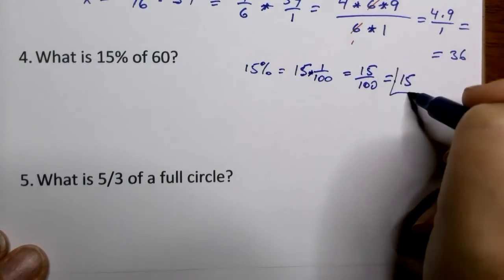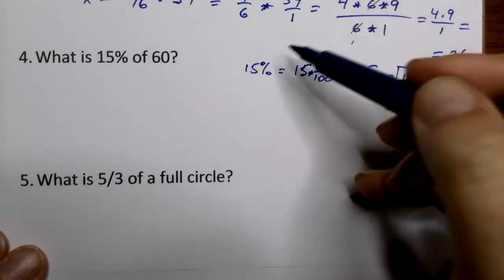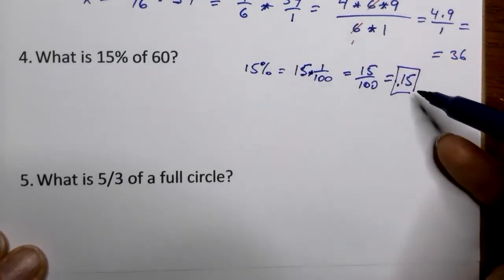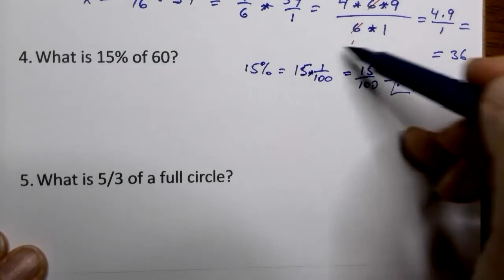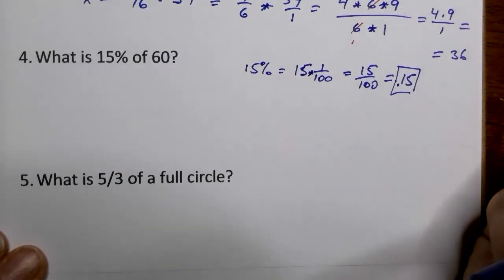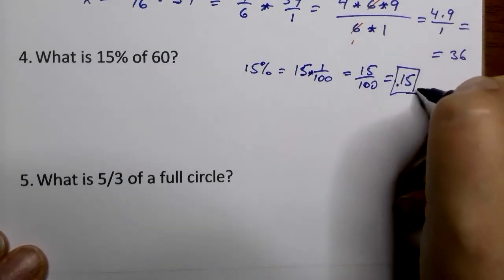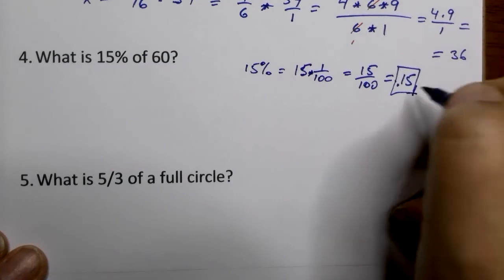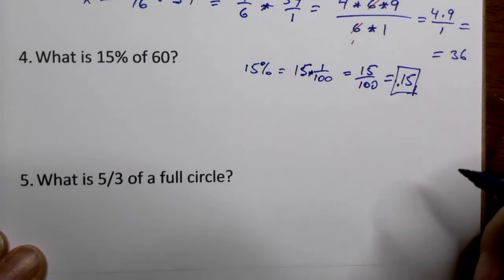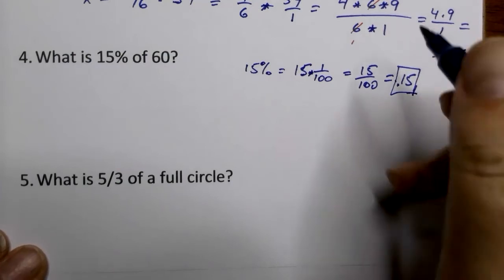And this is the decimal representation of 15%. So this is the percent representation, this is decimal. You have to do this every time you see a percentage in the word problem. Whenever you're calculating a percentage, you have to convert your percentage into a decimal and then proceed as before.